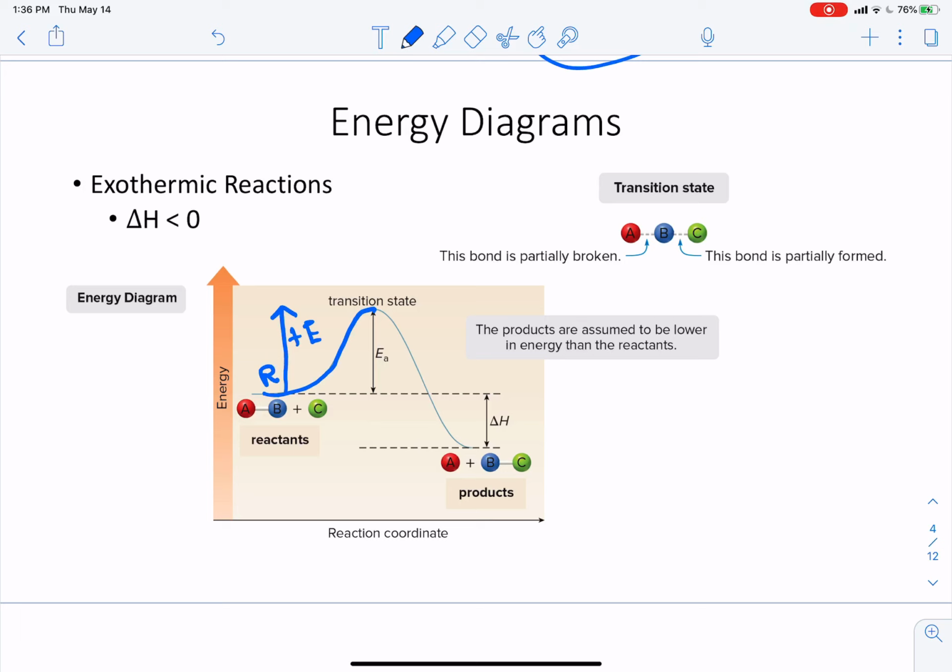Now it's going to get to the transition state. And the transition state, that's that very moment in time where you have both bonds being broken and bonds being formed.